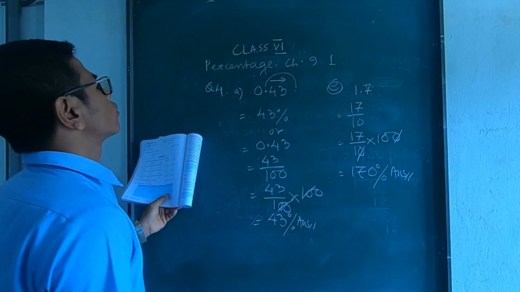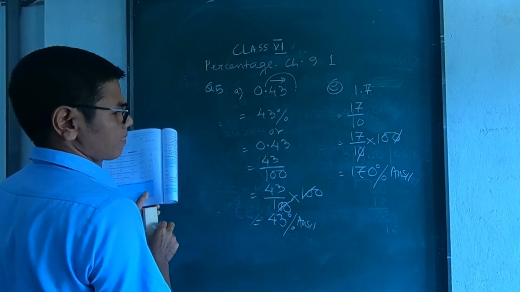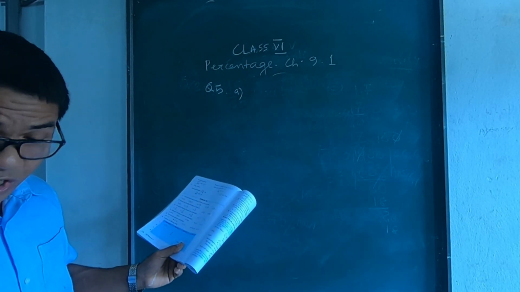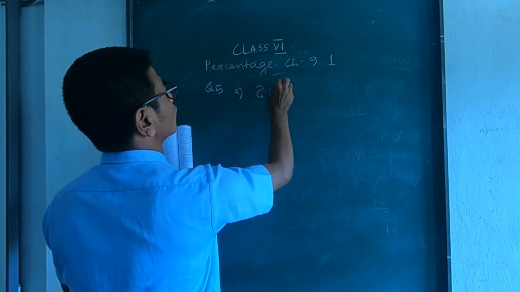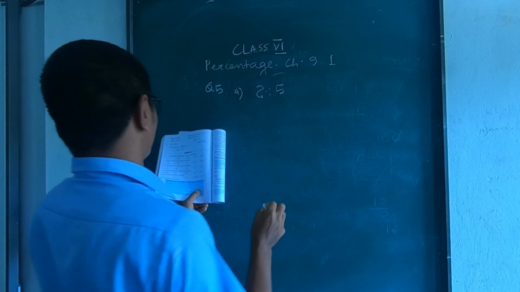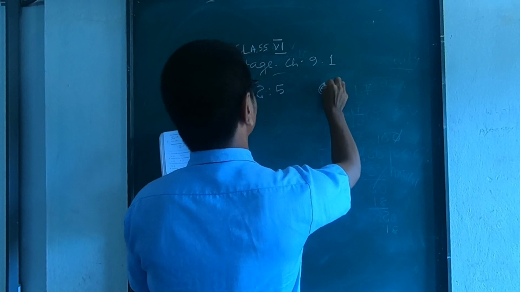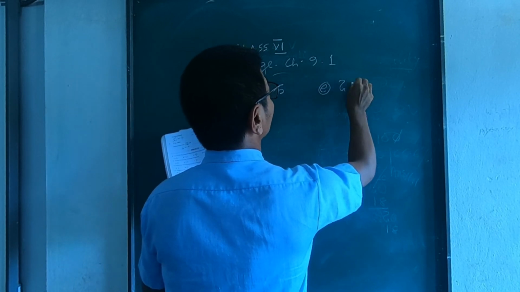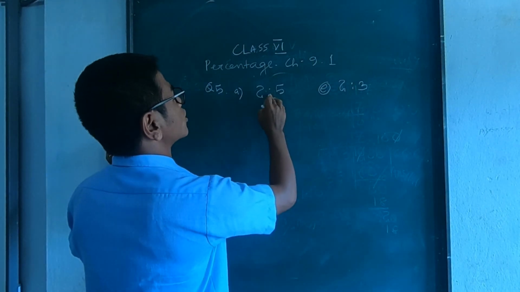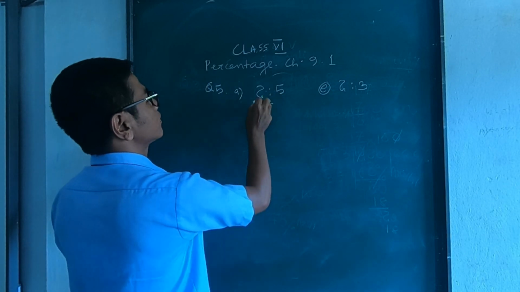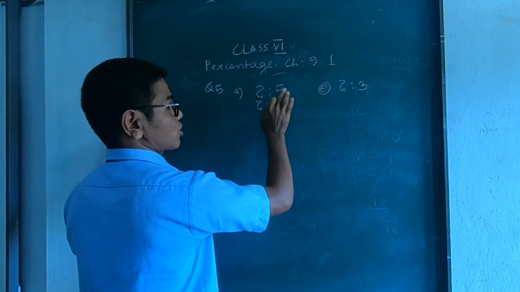We will move further to question 5. Convert the ratio into percentage. 2:5, and then we will also do question E. Please note, ratio actually means divide, 2 divided by 5, or this means a fraction.